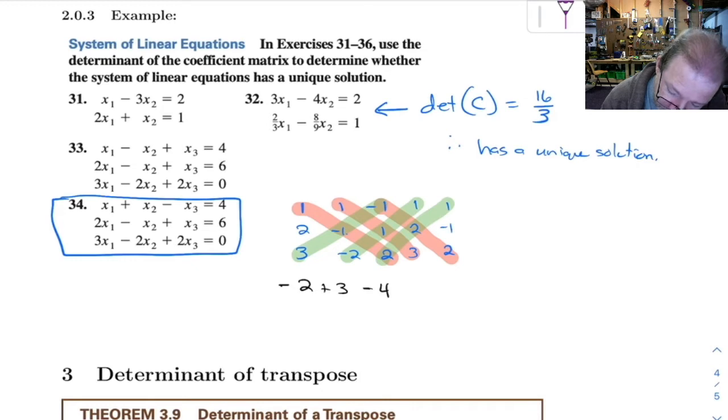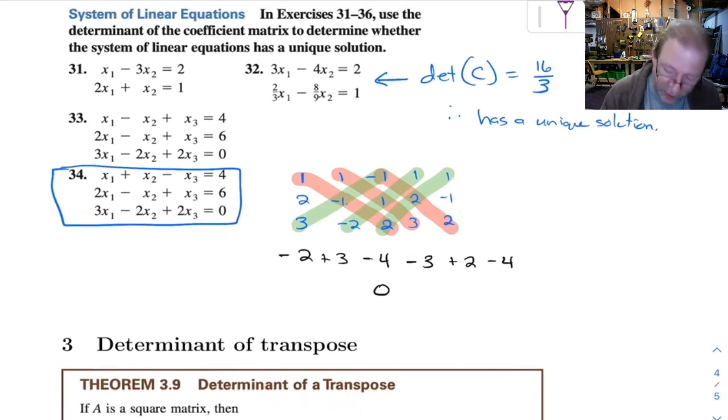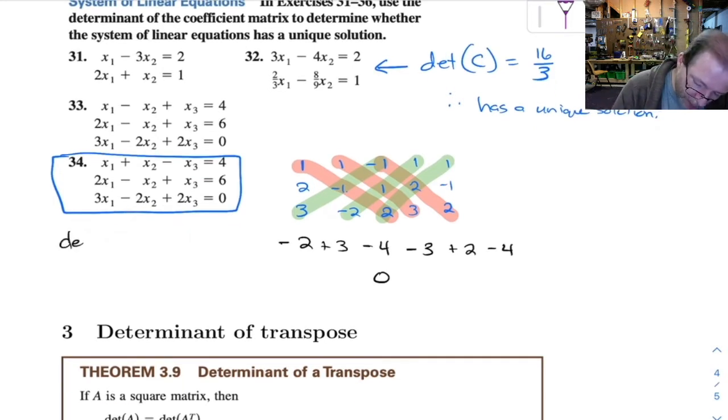For my reverses, I get -3, +2, then -4. So you put all that together, you get 0. So the determinant of this coefficient matrix is 0. So that means it has no unique solution.